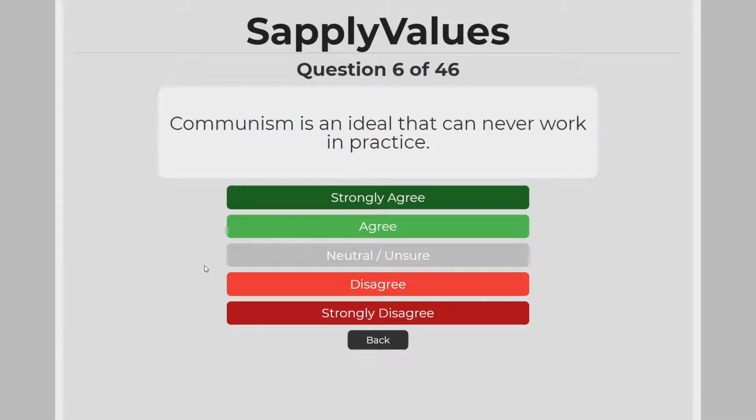What I mean by that is, let's say you had a very small group of people in a very small community, and they shared everything they had, and everything was used accordingly. I think it could work then.